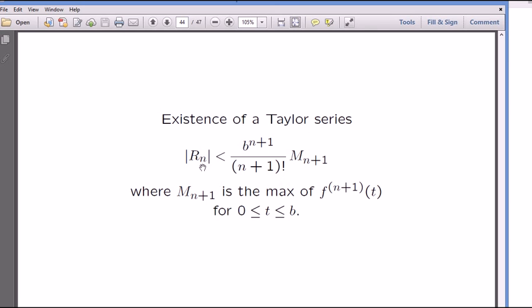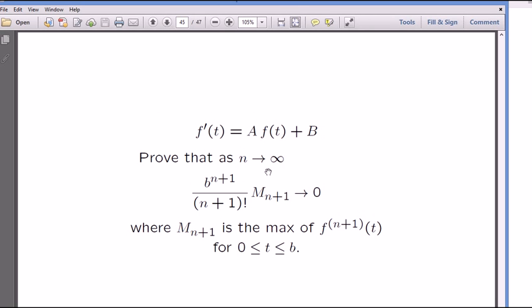The remainder term, Rn, must approach 0, right? And we have this nice estimate. Correct? So, if I can show this estimate, b to the n plus 1 divided by n plus 1 factorial, with the maximum taken starting at t equals 0, approaches 0, I know the solution we're looking at here must have a Taylor series.